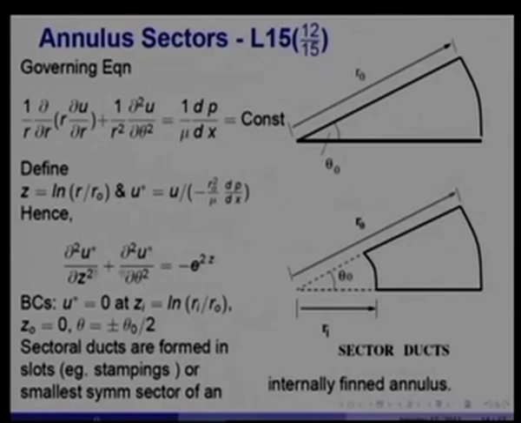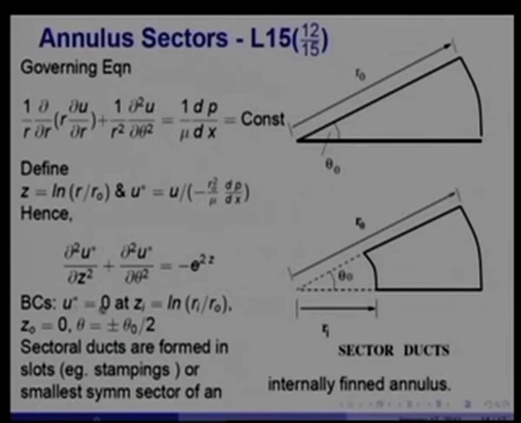Again, we get a Poisson equation, but unlike the case of a rectangular duct, the right hand side is now a function of z or the function of radius r. Z is ln r by rho, and therefore, the right hand side is a function only of the radius.